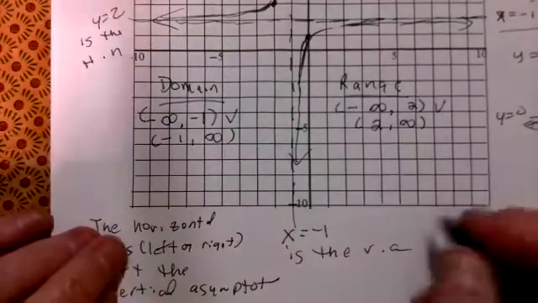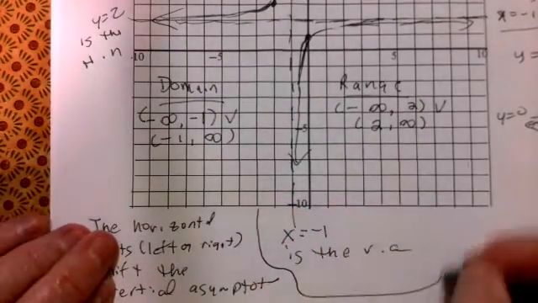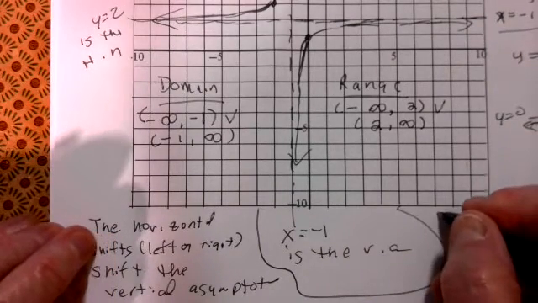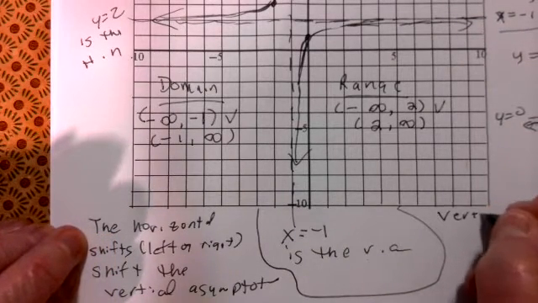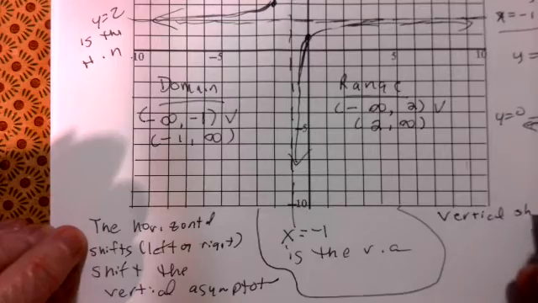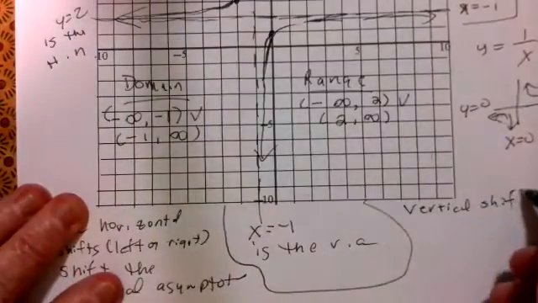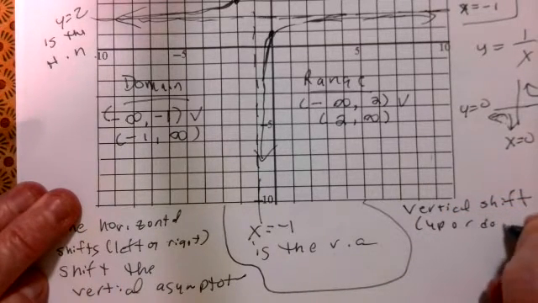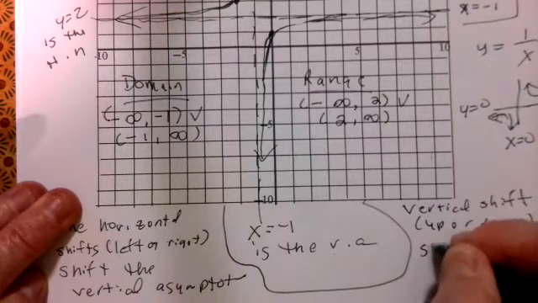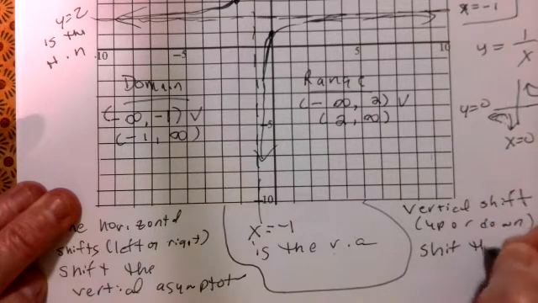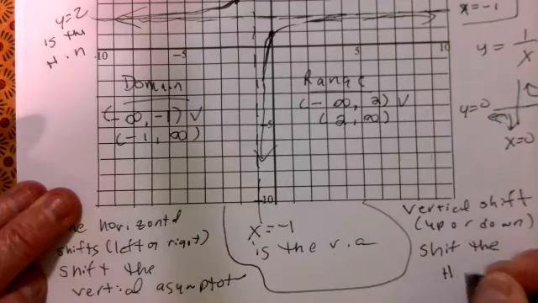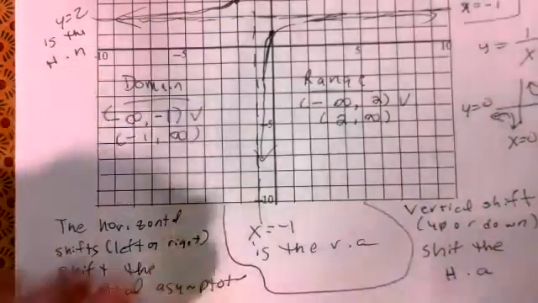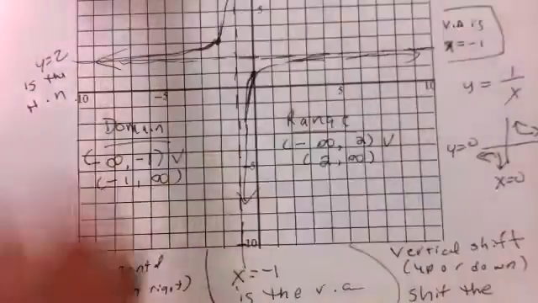And then also vertical shifts, meaning up or down, shift the horizontal asymptote. And I'm just going to abbreviate HA for horizontal asymptote. Okay, so there is that example.